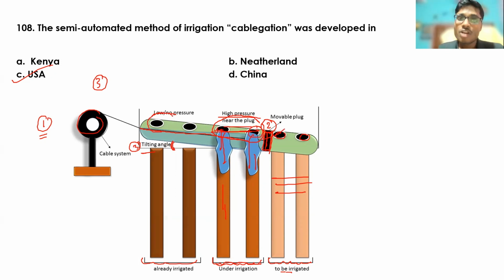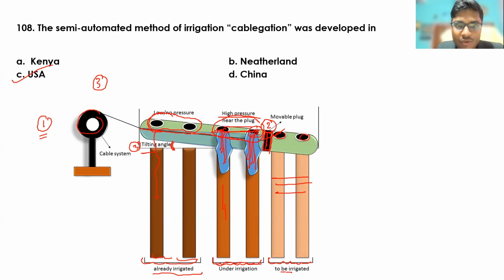And then the outlets which are present away from the movable plug, these outlets are already irrigated. We can see here the fields or the furrows which are present below these outlets, these are already irrigated. And we know that when the movable plug is present, the pressure will be higher. That's the reason why the water will come out of the outlet.